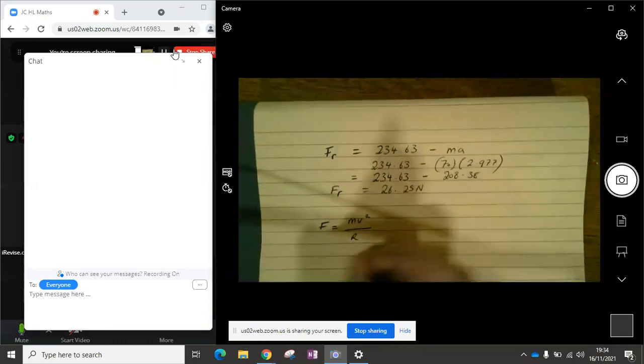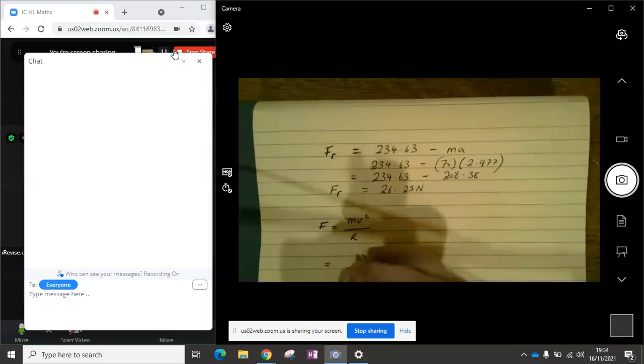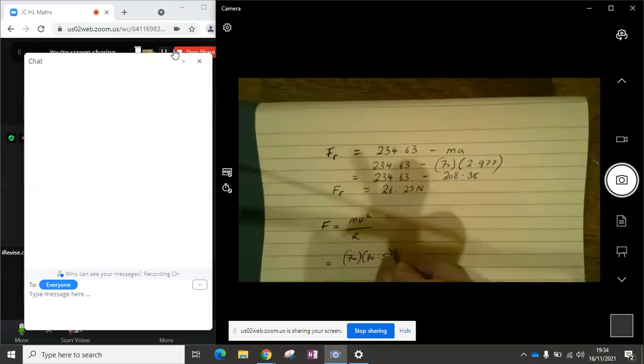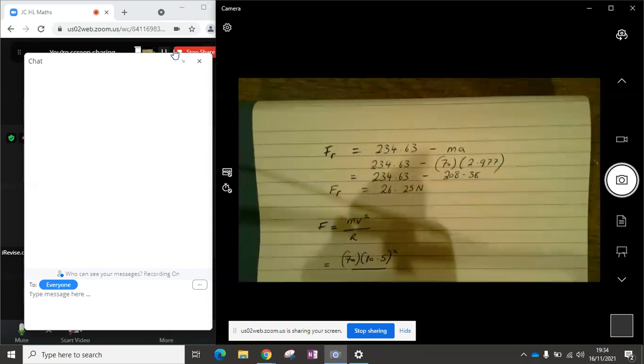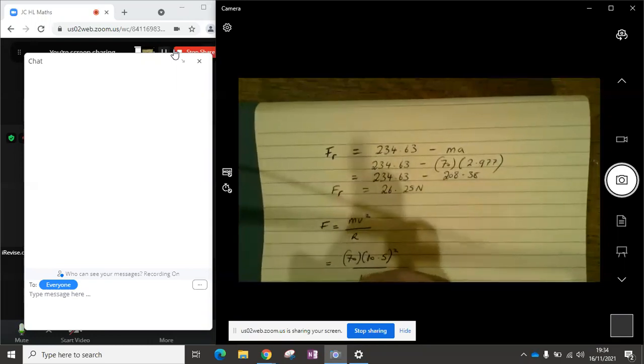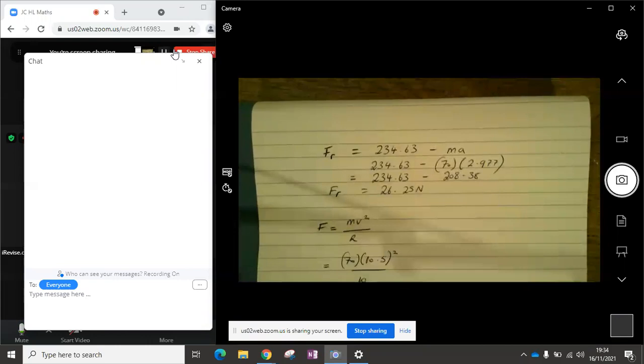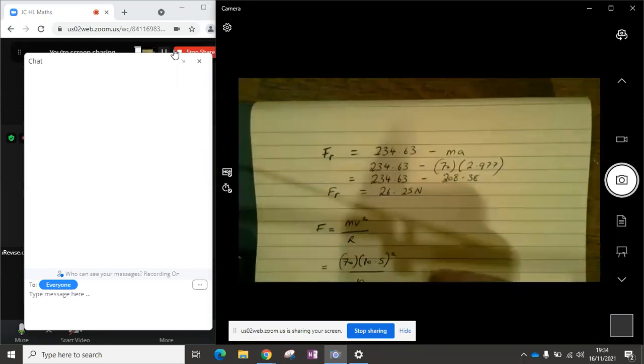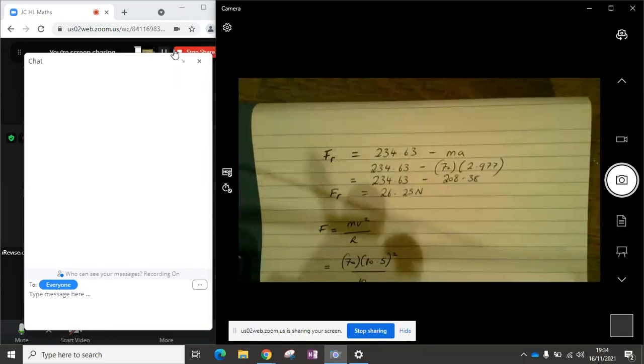His mass is 70, his velocity, we're told in the question, is 10.5, and it has to be squared, and the radius of the ramp is 10. 70 times 10.5 squared over 10 gives you a value of 771.75 newtons.